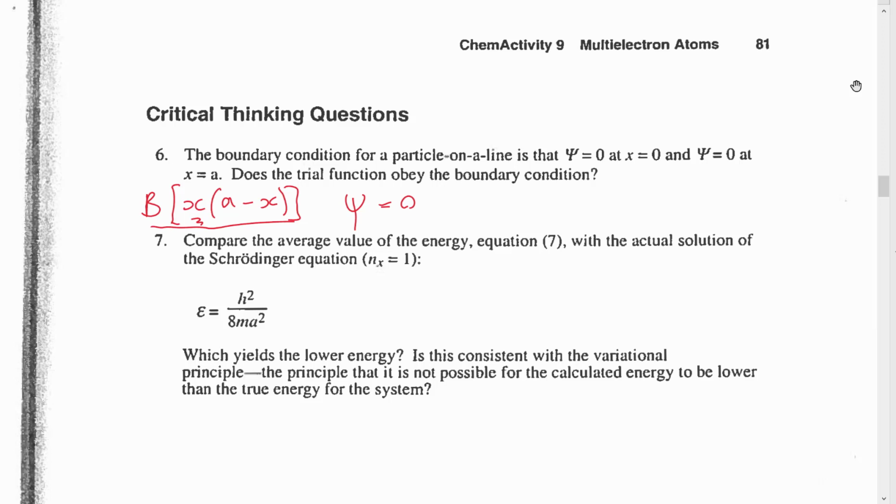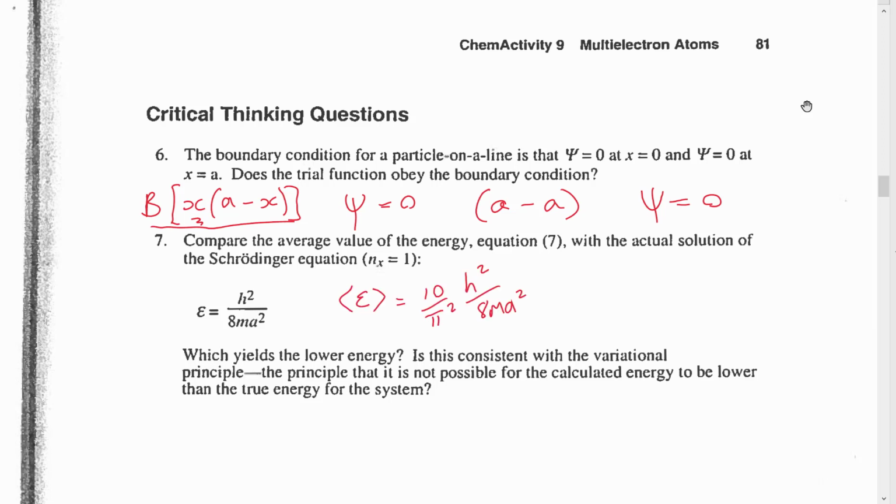When we plug in the value x equals a, then of course this a minus a term goes to 0. So again, we get a 0 value, and psi is equal to 0 when x is equal to a. So yes is the answer.